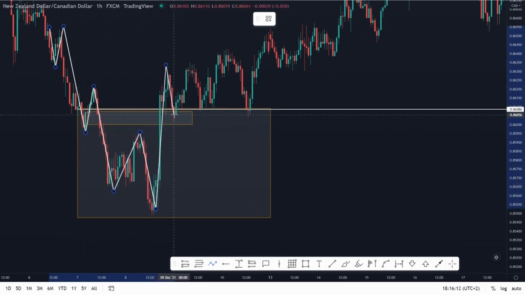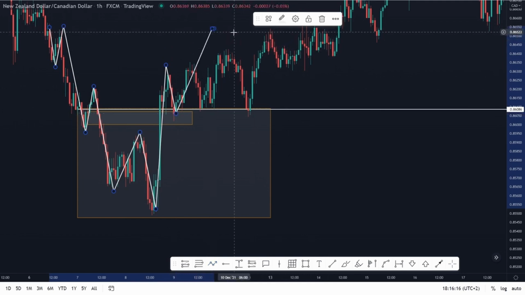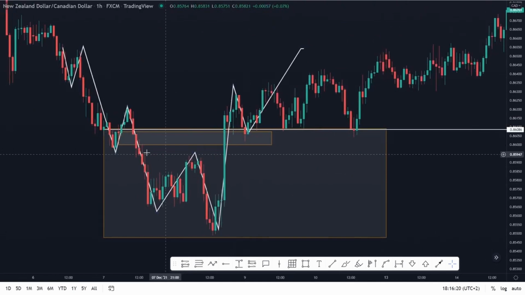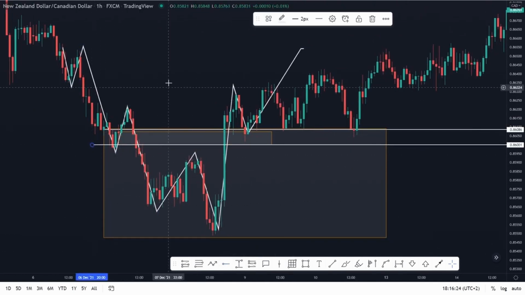So you see the market pulled back to this and then eventually pushed higher from here. So meaning we can enter from here using this zone. This zone will determine our stop loss, meaning our stop loss is here. So we can buy from here. As you can see, the market never pushed below this.